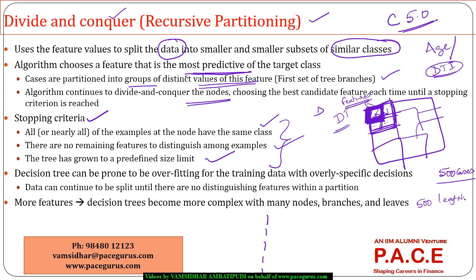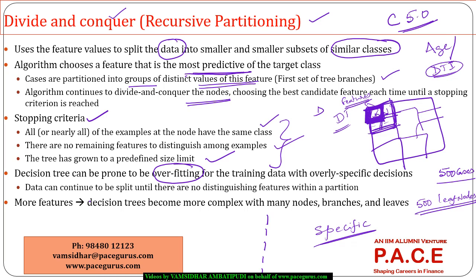So the tree can go even to that kind of depth. I can create 500 leaf nodes out of those 500 cases, which means the learning will be specific to each case. There is no abstraction, there is no generalization. It becomes more and more specific to each case. And because of that, there is a good possibility that your model will be overfitted.